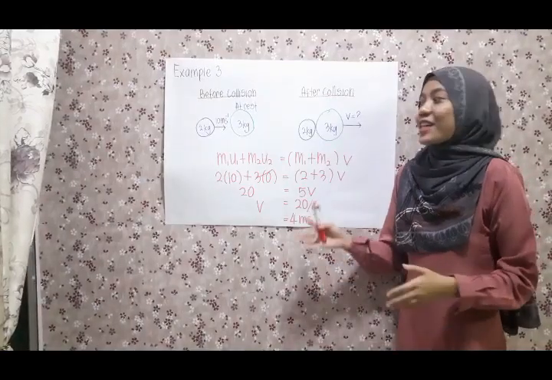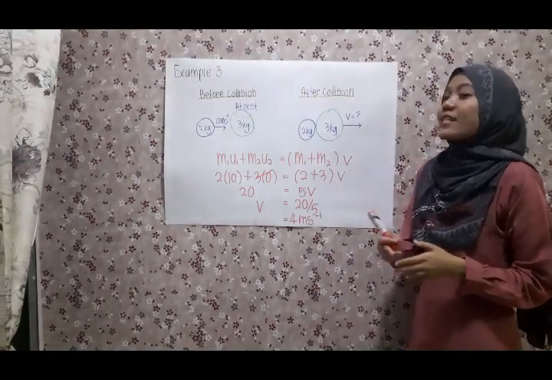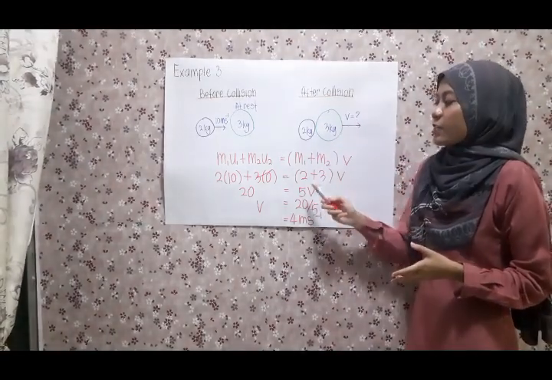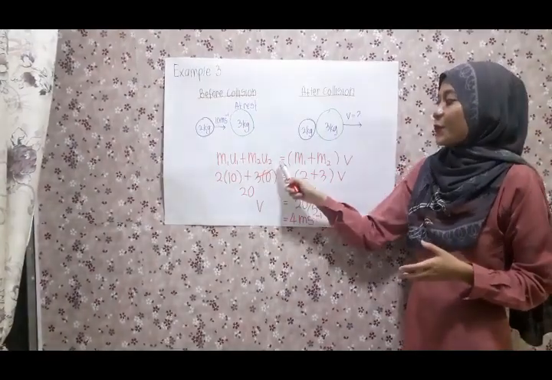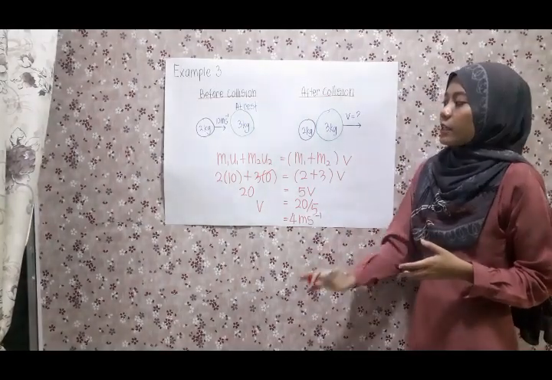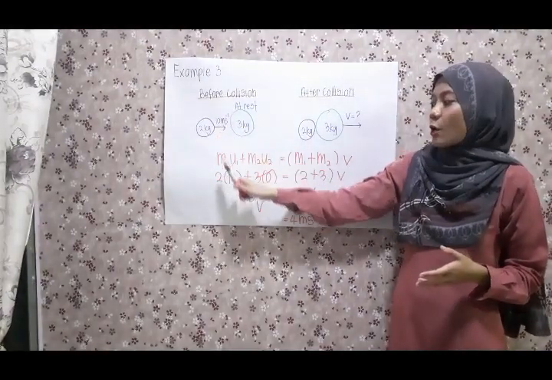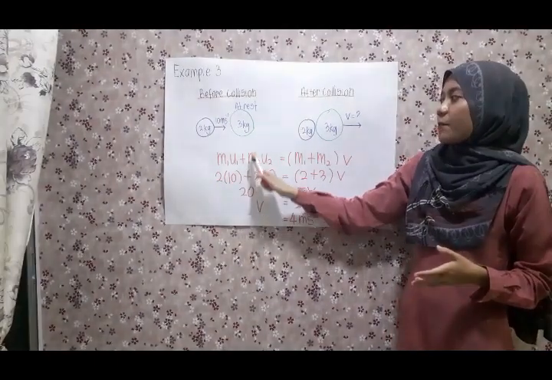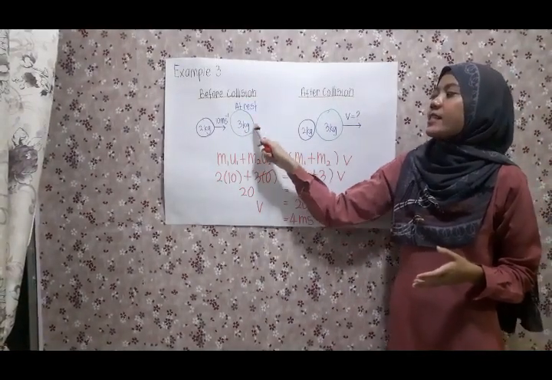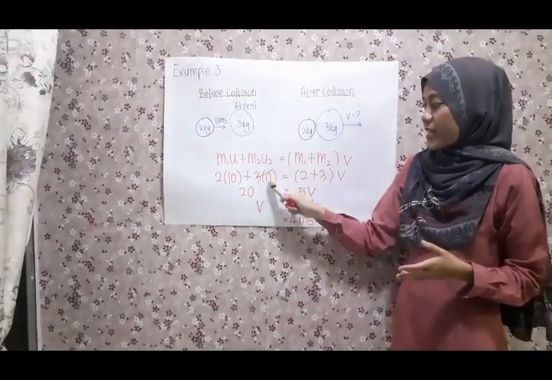Let's try an example for inelastic collision. The question asks us to find the final velocity after collision. We use the formula m1u1 plus m2u2 equal to m1 plus m2 times the velocity. m1 is 2 kg and the initial velocity for the first object is 10, plus the mass of the second object, 3 kg, times 0, because the second object is at rest, so its initial velocity is 0.